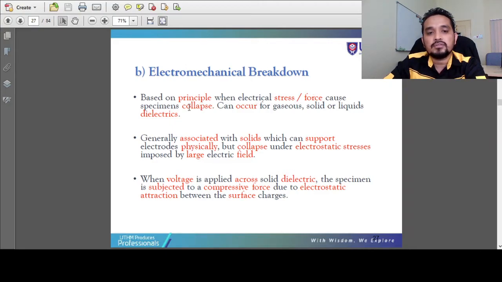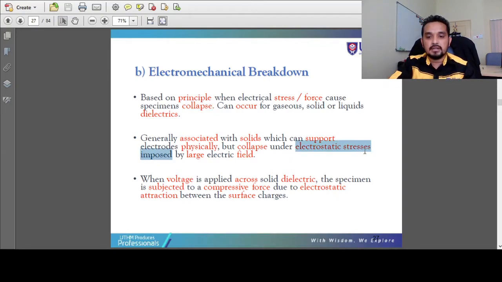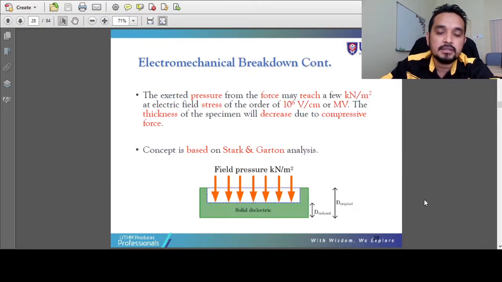Electrical stress causes the specimen to collapse. Collapse, the shrink in the thickness. So this can be due to the electrostatic stress, the electric field stress by the large electric field. The voltage applied across the dielectric causes a compressive force on the specimen due to the electric field.